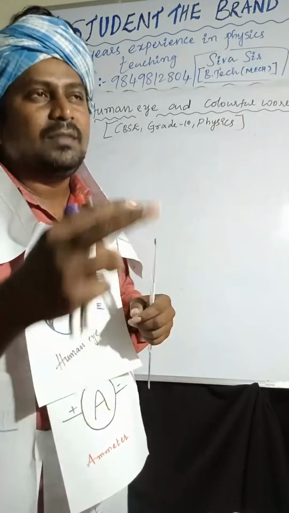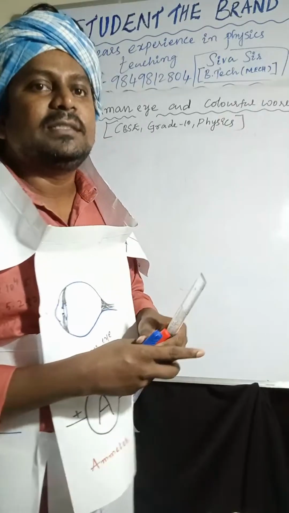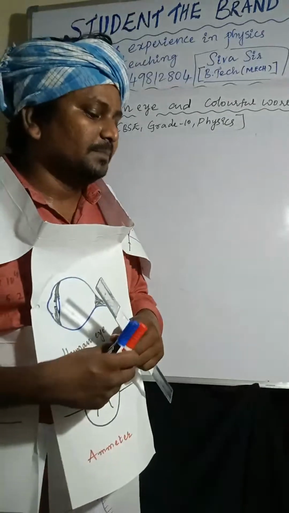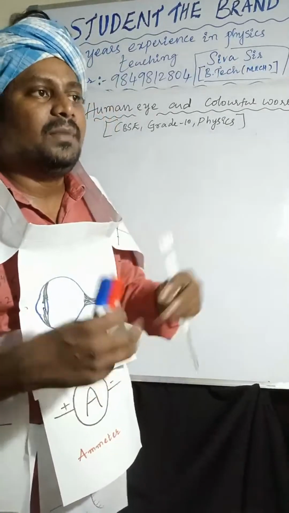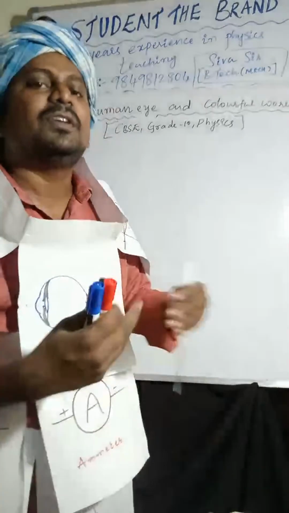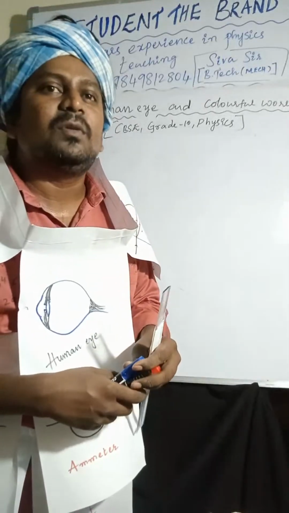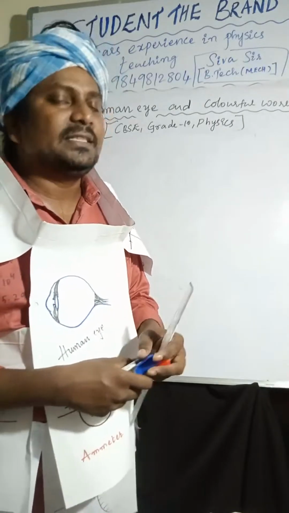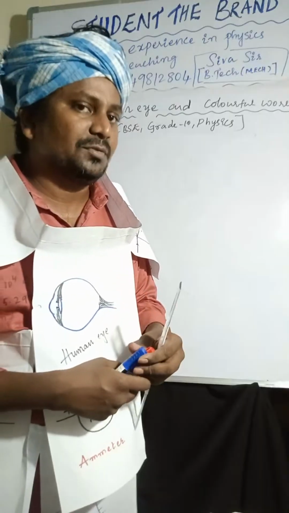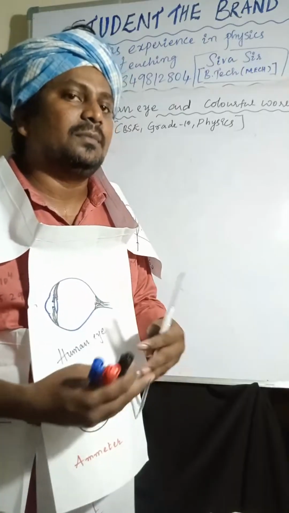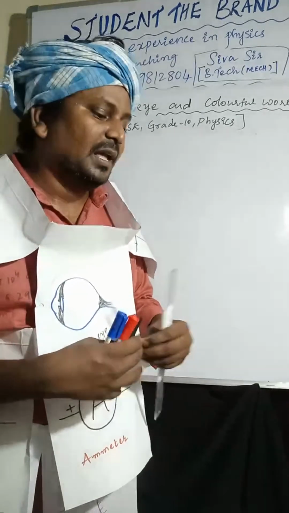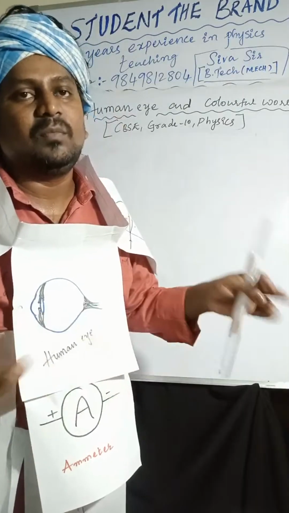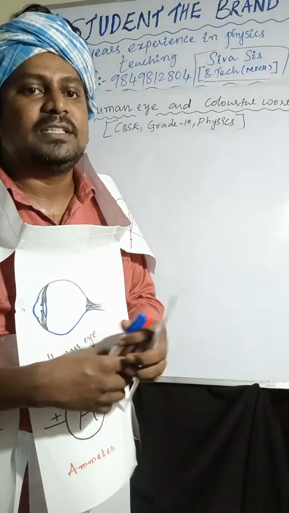In between, two points are there: the near point and the far point. The near point is the minimum distance up to which a person can see an object clearly without any strain or pain.